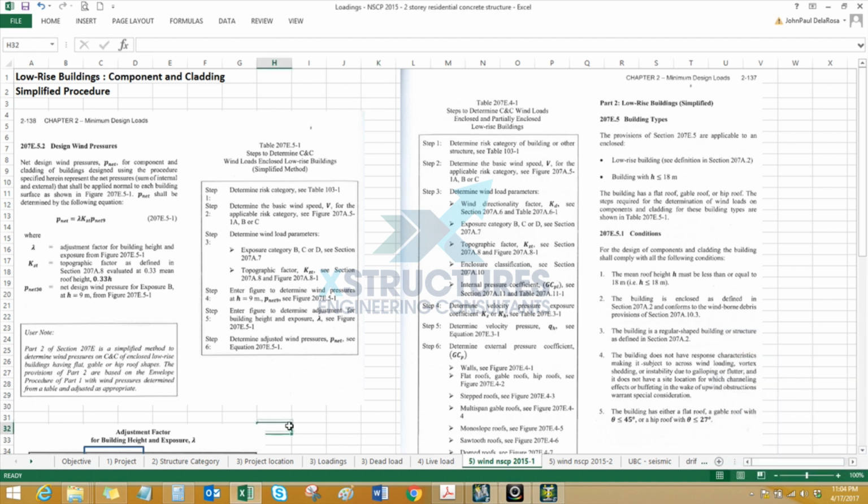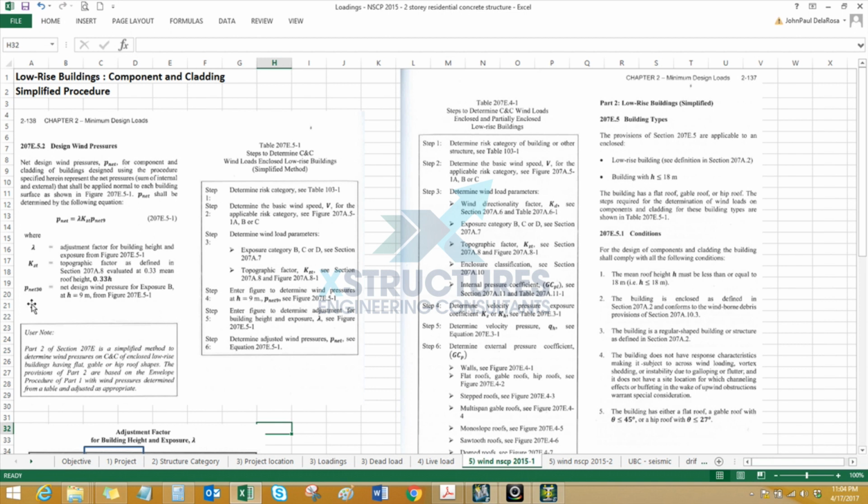Okay. Ito yung formula para sa pag-calculate ng P_net: P_net = λ K_zt P_net9. Actually, typo error siguro to. Dapat ito P_net9. 30 is 30 feet siguro. P_net9 is 9 meters.